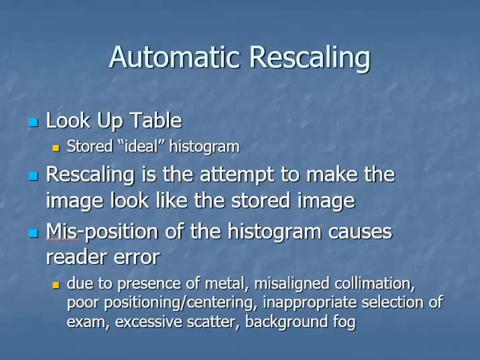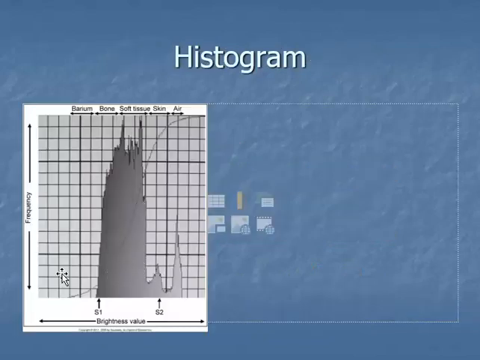And inappropriate selection of the exam. If you take this histogram, which is really pretty high contrast, so maybe these ribs, and you tell it that you want to see a chest x-ray, it's going to show you the chest x-ray. It's going to apply a different histogram to what you are wanting to see. So it's not truly a histogram error there.